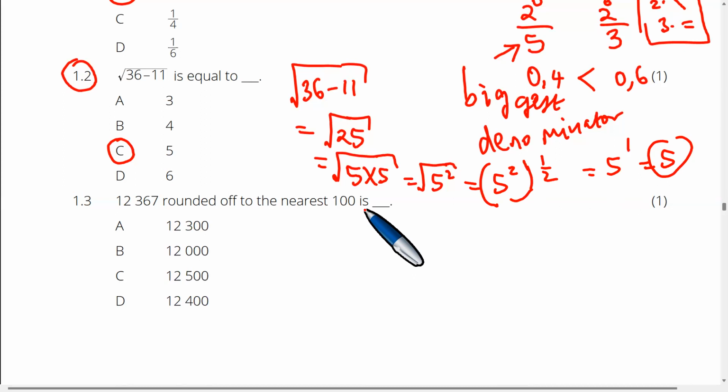To the nearest 100, it is exactly 12,400. Well done. So the correct option is D. In other words, at this point, you round off the 367. To the nearest 100, 67 is closer to 100, making it 300 plus 100, which is 400. So we have that. Next.